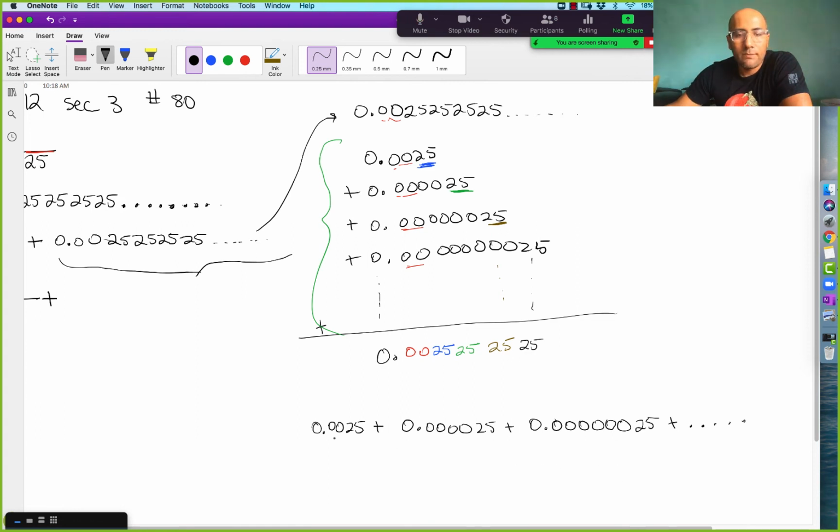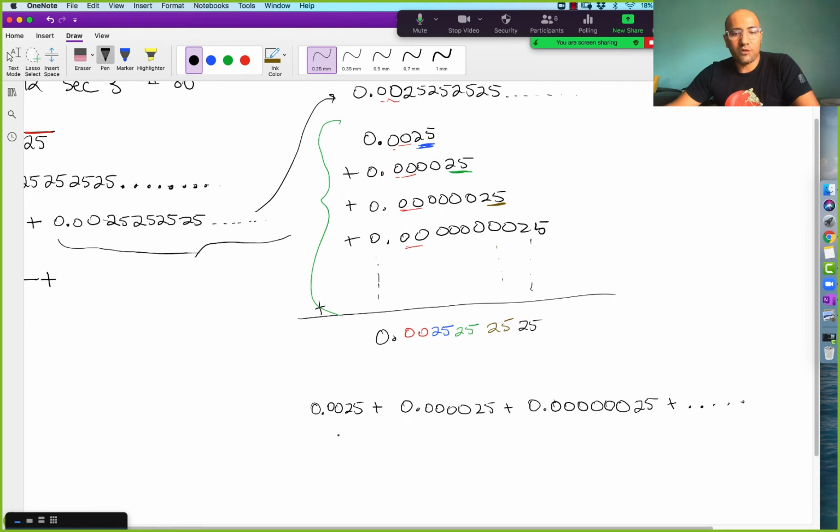Now I want to get rid of the decimals and turn them into fractions. As long as it's a decimal that terminates, converting each one into a fraction should be pretty easy. This is just going to be 25 divided by 1 with, and then we count how many spaces: 1, 2, 3, 4 spaces, so 1, 2, 3, 4 zeros.